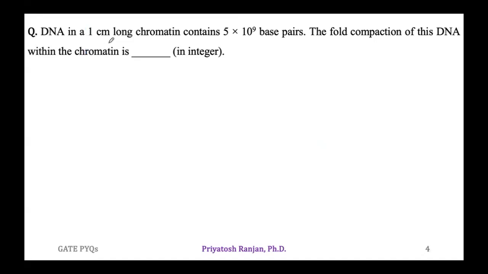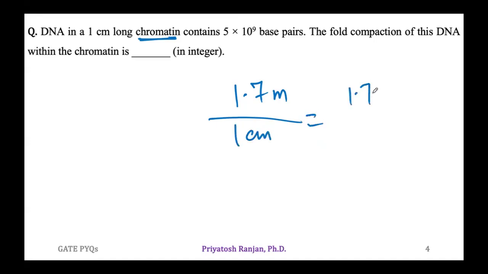So what we need to understand is, without any association with the proteins, this is 1.7 meter. And when it gets associated with the proteins, it becomes 1 centimeter, which corresponds to 0.01 meter.